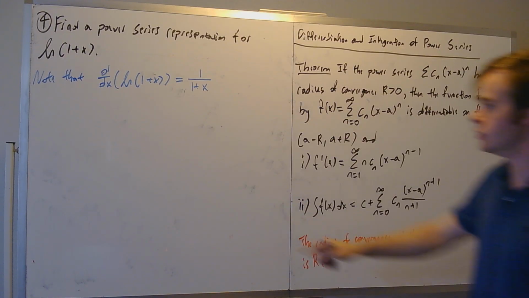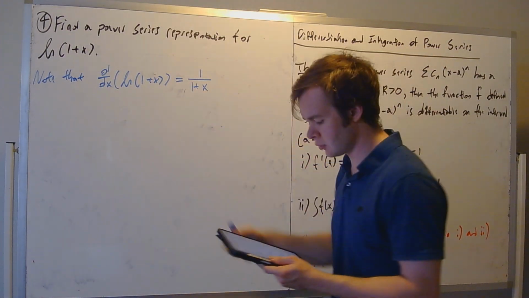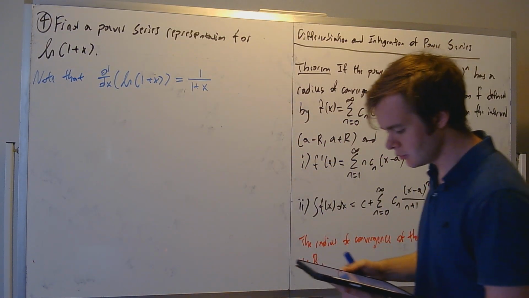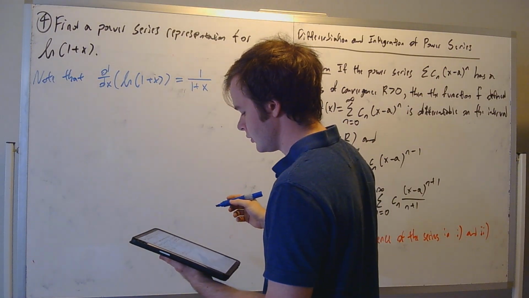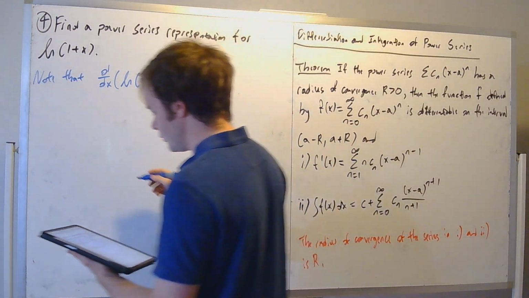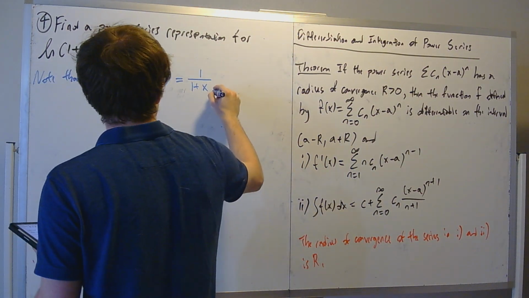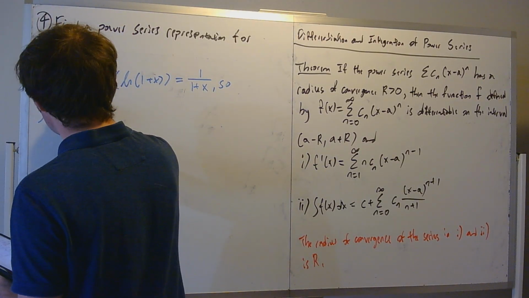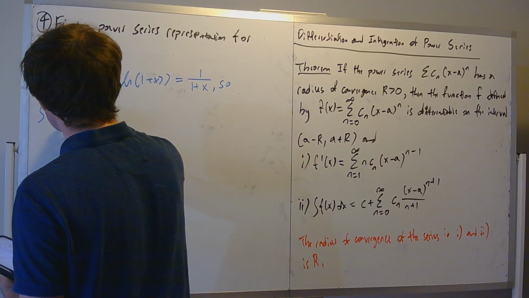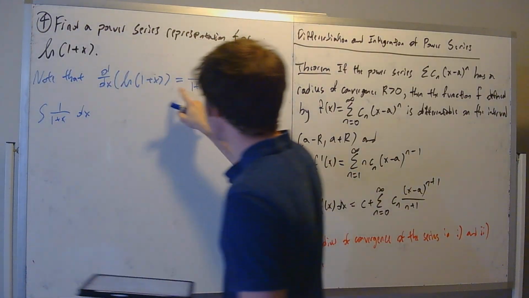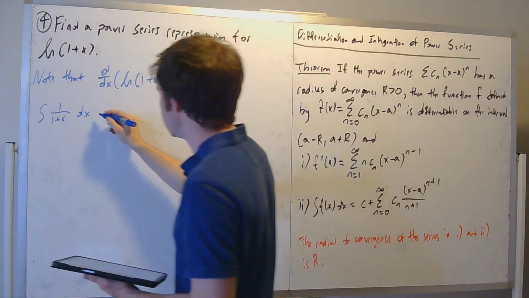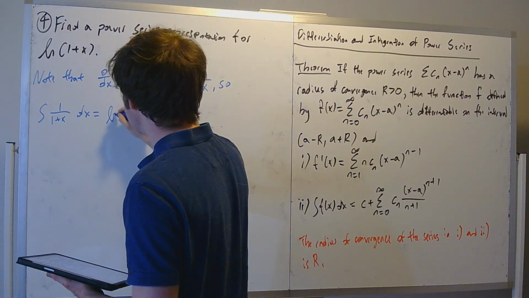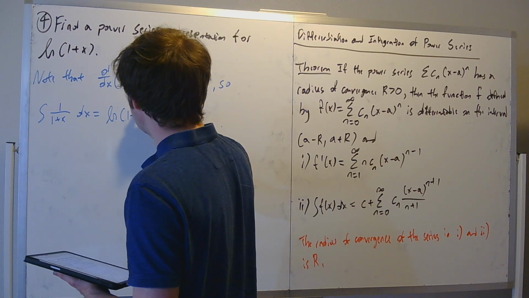So the derivative of this function is 1 over 1 plus x, which we can say now means that the integral of 1 over 1 plus x dx, if we take the integral of both sides, is equal to the natural log of 1 plus x.